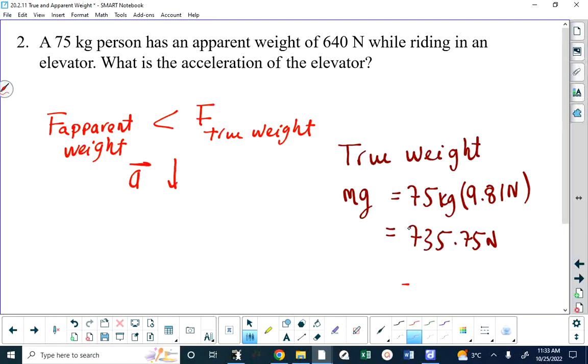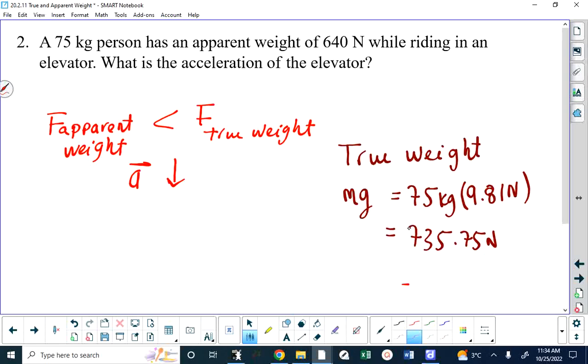It has to be, because that's when you feel lighter. So there's a little bit of common sense that has to come into play here. I hope you understand that the apparent weight and the true weight are always in opposite directions.